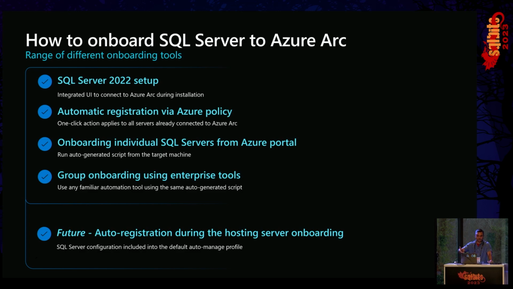That's the only way Azure can reach out and detect your SQL servers. You can also run scripts or automate this at scale, like using AZ commands, right? And the last one I talked about is where, once you Arc-enable either your SQL Server or the Windows Server, we automatically do the other part, right?